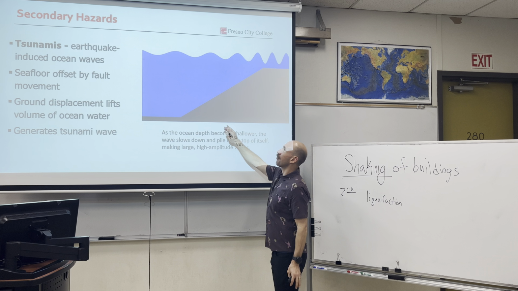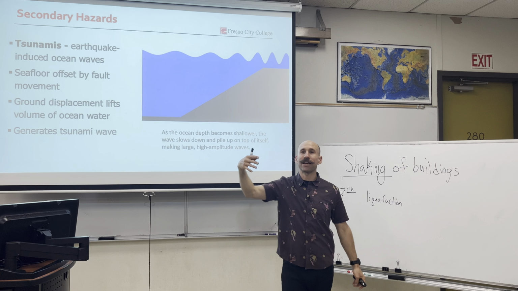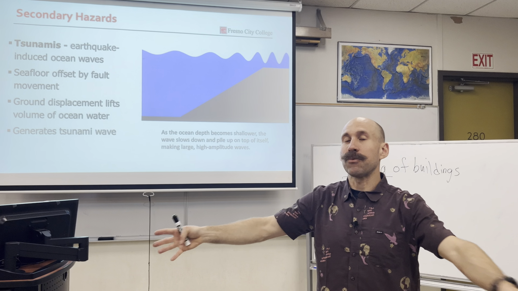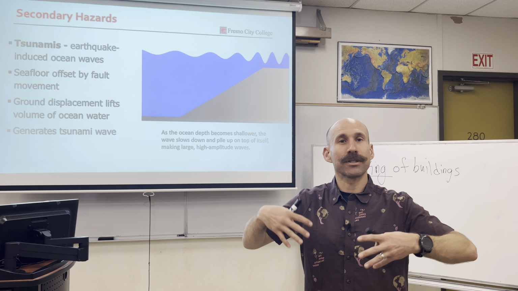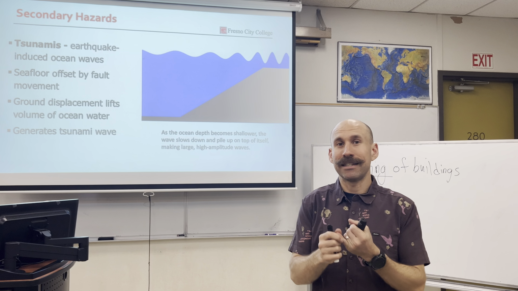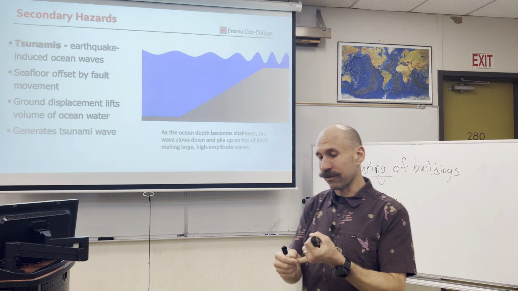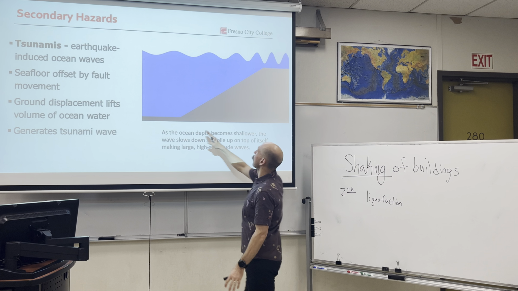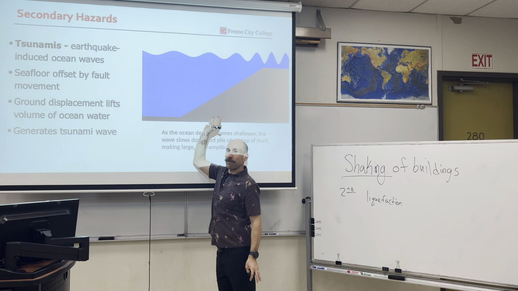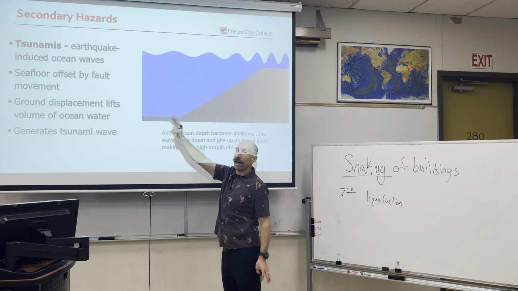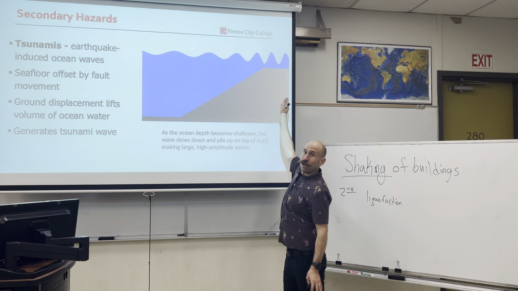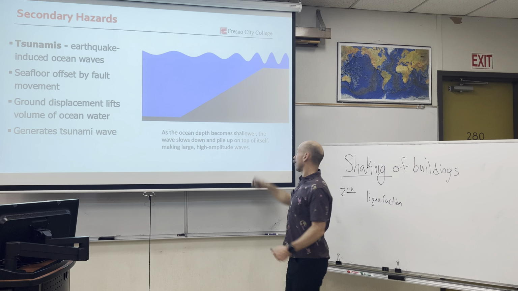Tsunamis, this happens out in the ocean. Tsunamis are earthquake-induced waves that can completely wipe out coastal communities. This was the cause of the widespread death and destruction of the 2004 Sumatra earthquake. Basically, there's movement out in the ocean, a great volume of ocean water is displaced, and then that tsunami wave propagates and grows really large when it intersects with continents.